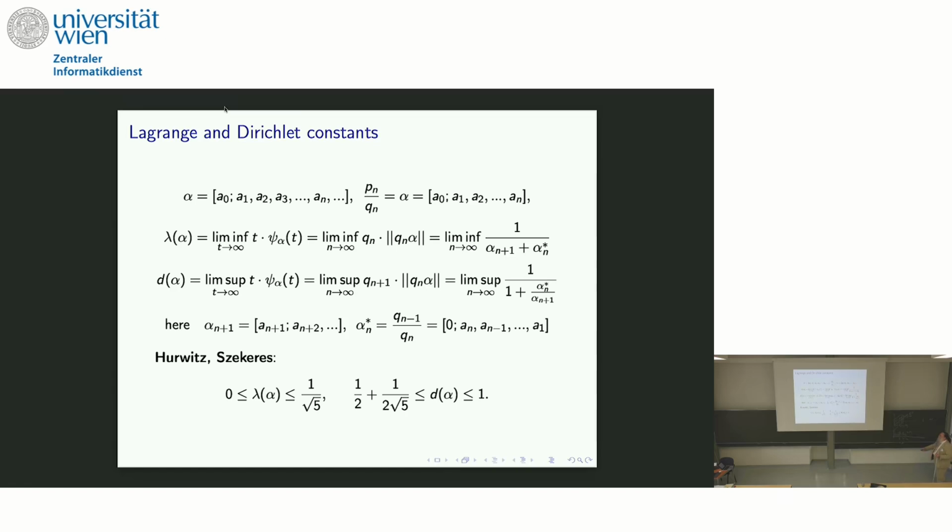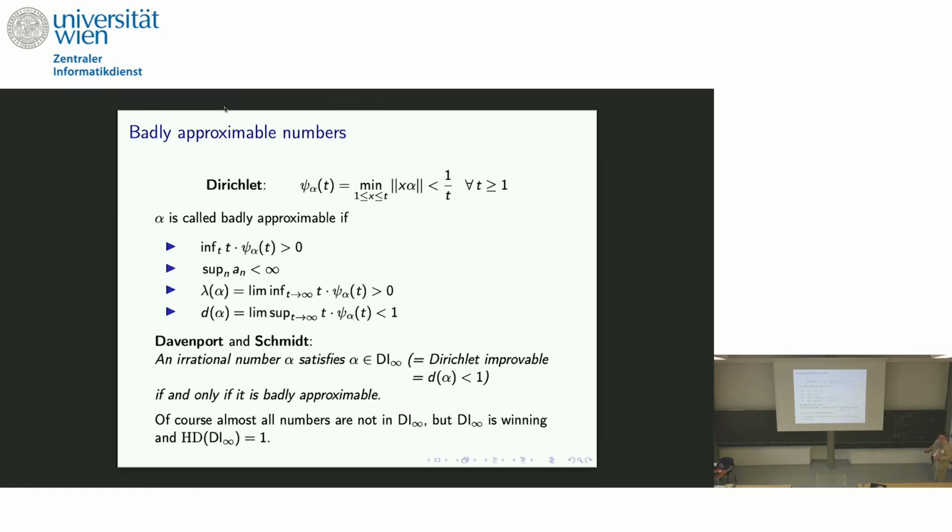Now I'm continuing. I need to say a few words about badly approximable numbers. What does it mean? Here is Dirichlet's theorem. It means that the irrationality measure function is always less than 1 over t, and sometimes it is of the right order. So there are four equivalent definitions.